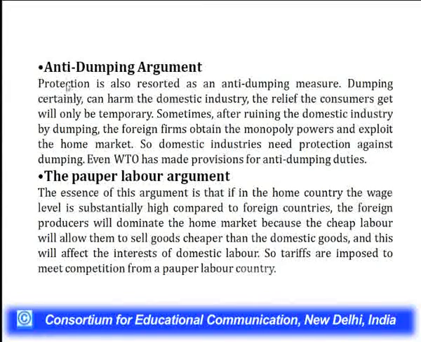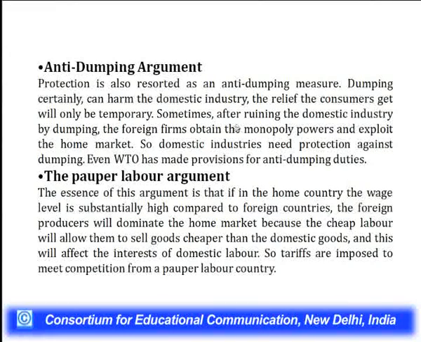Anti-dumping argument. Protection is also resorted to as an anti-dumping measure. Dumping certainly can harm the domestic industry. The relief the consumers get will only be temporary.